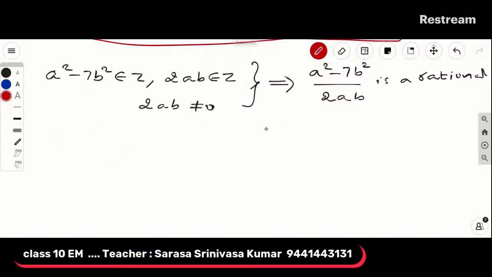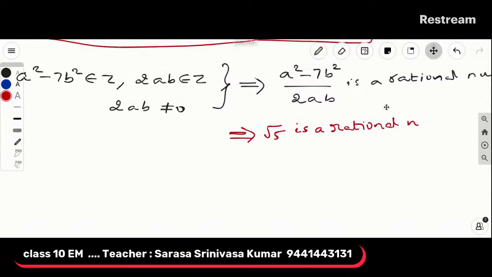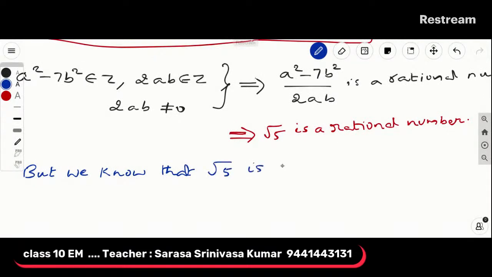So this implies that square root of 5 is a rational number. So this is not true. We know that square root of 5 is an irrational number.